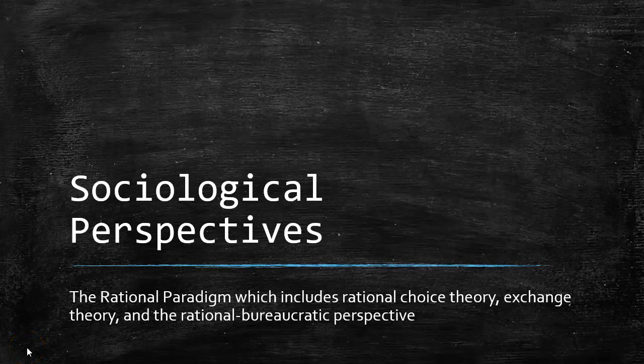Here we go on the final of the four theories that you need to know from the introduction chapter. This is the rational paradigm, which includes a number of different theories: rational choice theory, the social exchange theory, and the rational bureaucratic perspective.